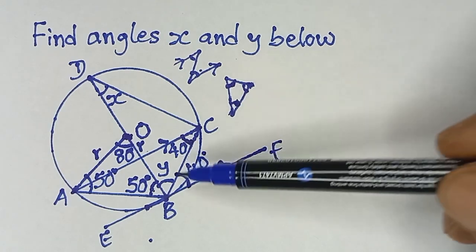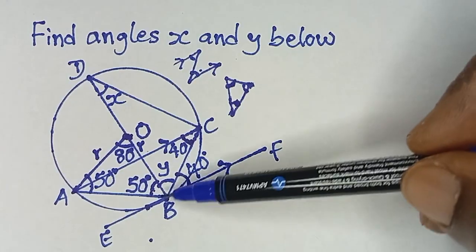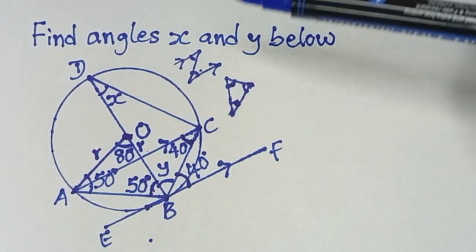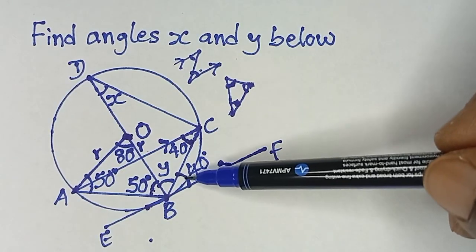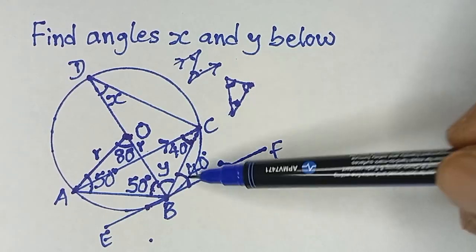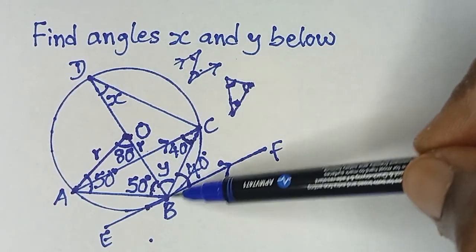So you agree with me that this line BC, its opposite angle in this triangle BCD is this X angle here. So when you have a chord that makes an angle with a tangent, that same chord makes the same angle in the triangle that it forms inside the circle.